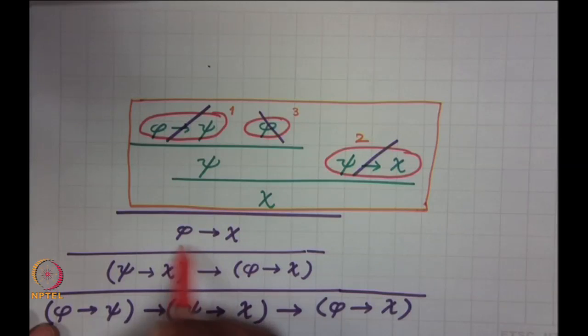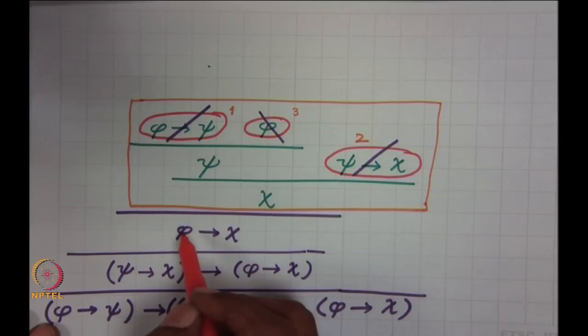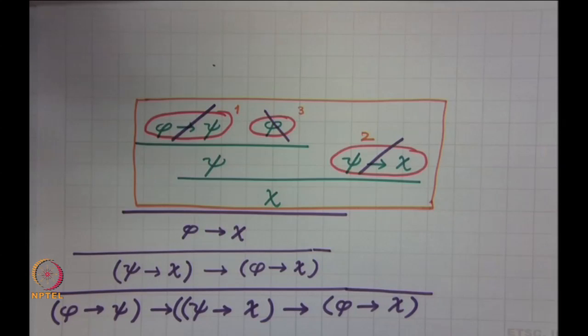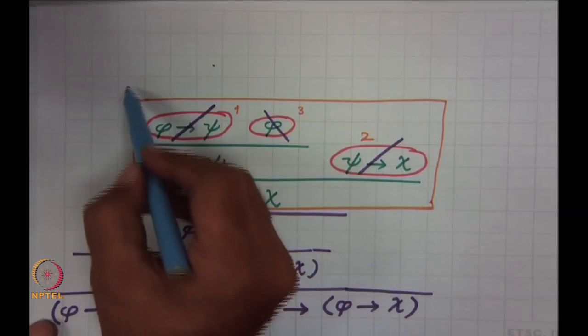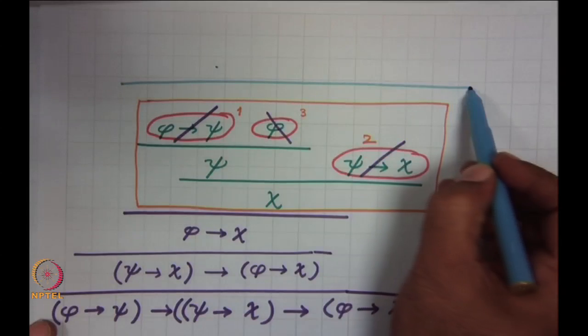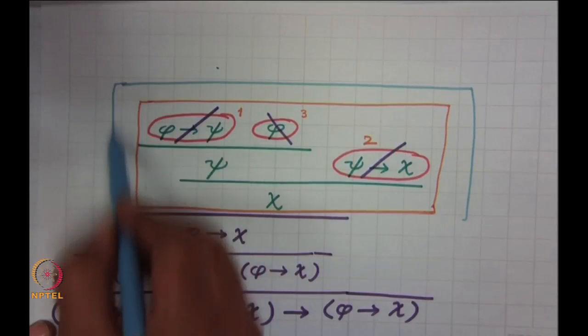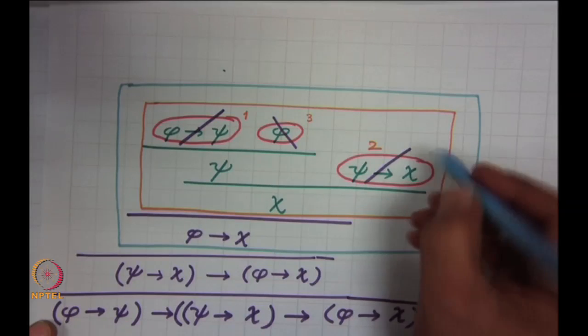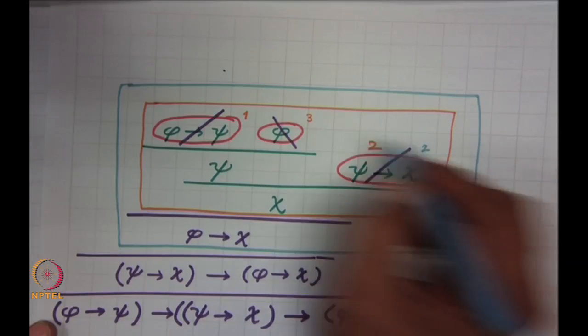Having discharged this assumption phi, I get an outer scope which has these two assumptions 2 and 1.